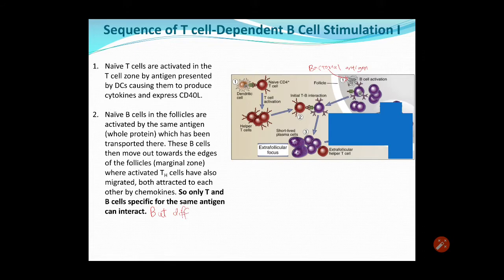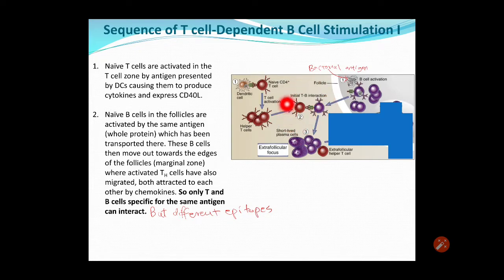Right? So now these T helper cells, once they get activated by antigen recognition from the professional APC, start to express a set of chemokine receptors which draws them to this marginal zone.